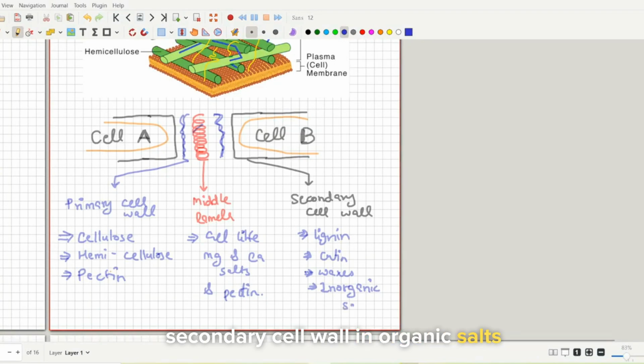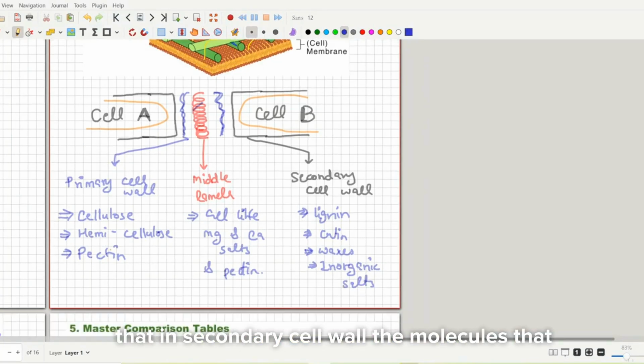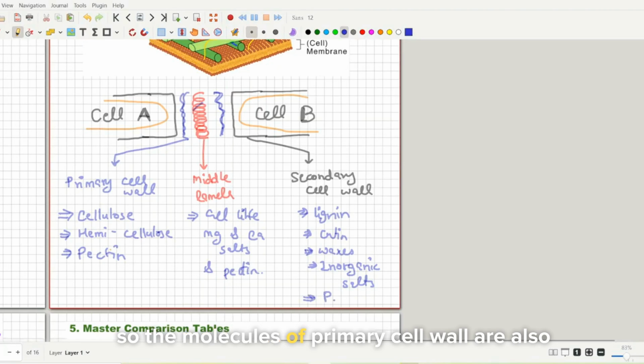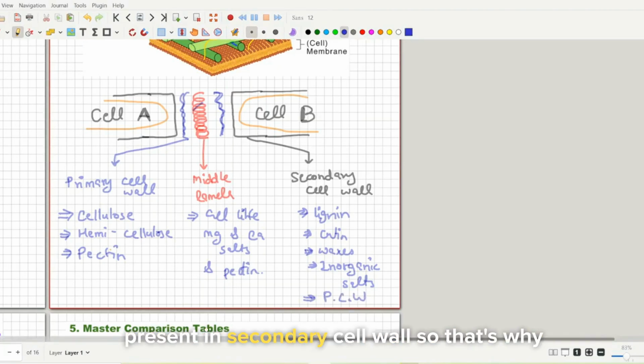The one thing that you need to remember is that the molecules present in primary cell wall are also present in secondary cell wall. So that's why you can say cellulose, hemicellulose, and pectin are also present in secondary cell wall.